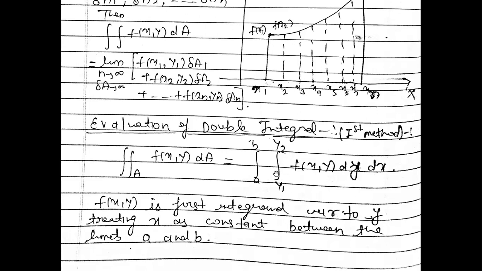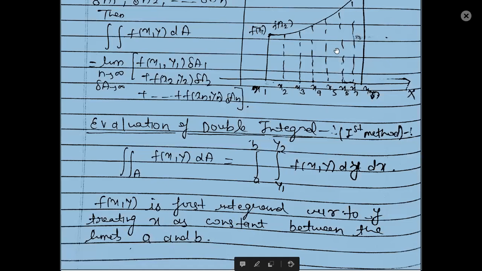So the y limit is y1 to y2, and the x limit is given a to b here, right? Because dy is your first integrand, our inner limit will be y1 to y2. f(x,y) is first integrated with respect to y, treating x as a constant between the limits y1 and y2, right?